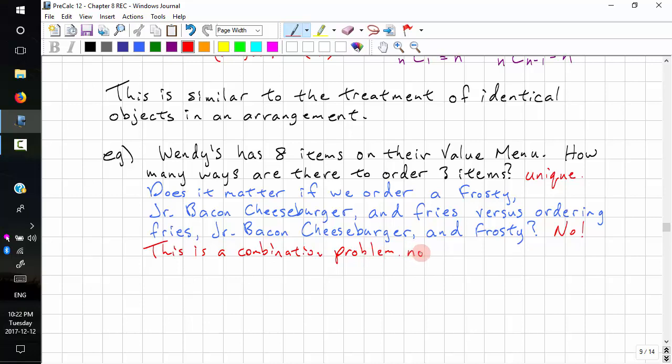Not a permutation, since the order doesn't matter for the 3 items.